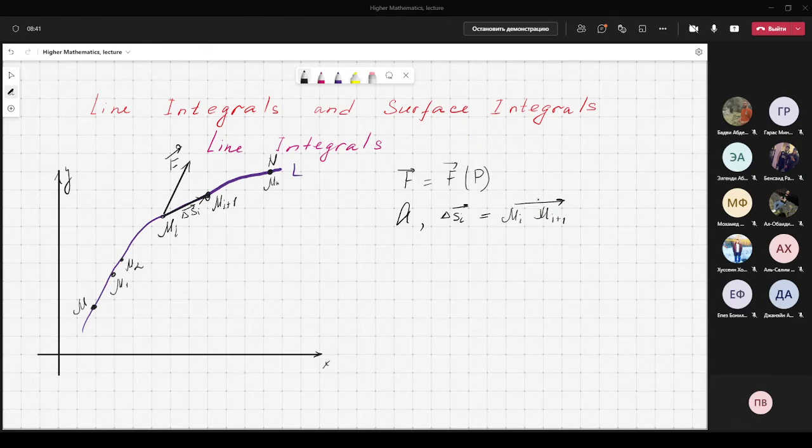We denote by F i the value of the force F at the point M i.